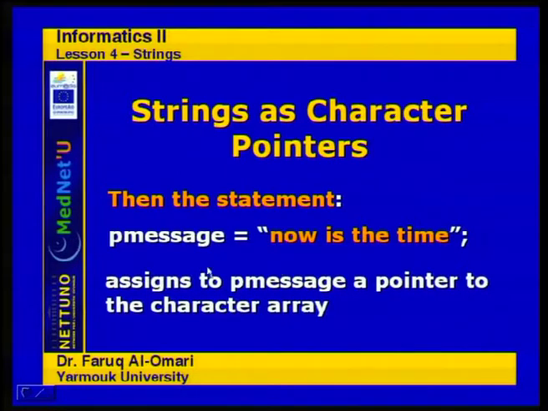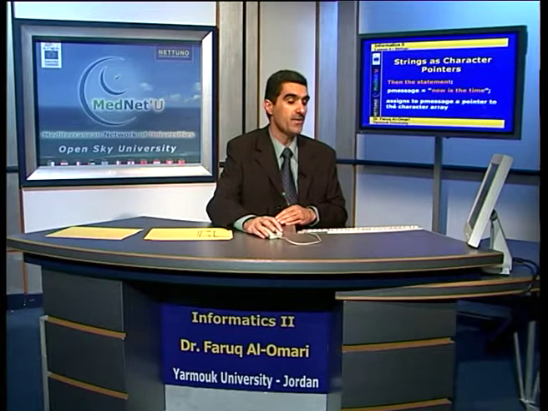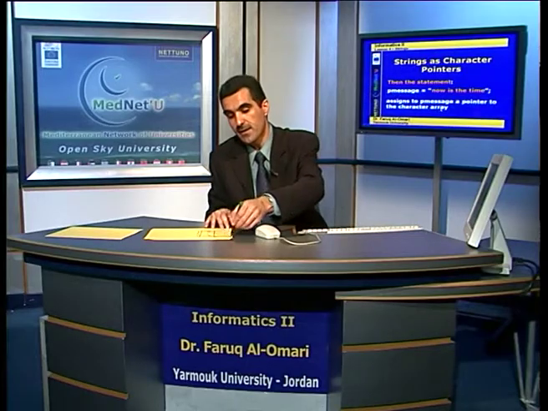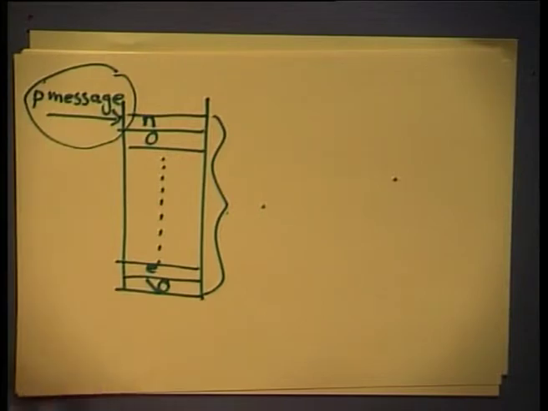By doing this, I can go to any character within this string by just knowing where pmessage is pointing. So this assigns to pmessage a pointer to the character array. I'm just assigning the address of this first entry.